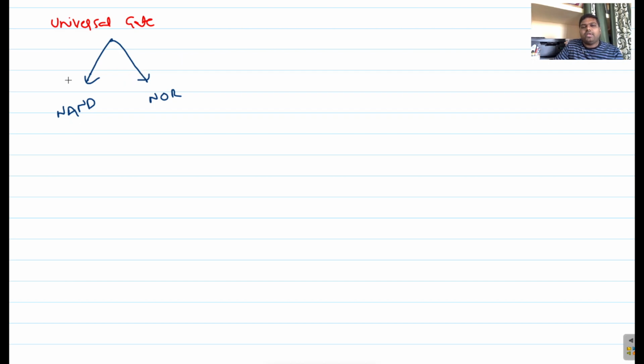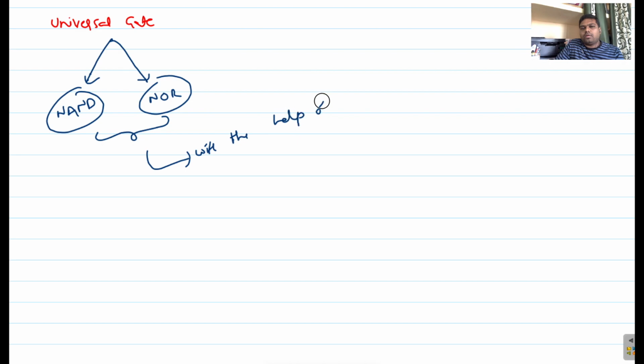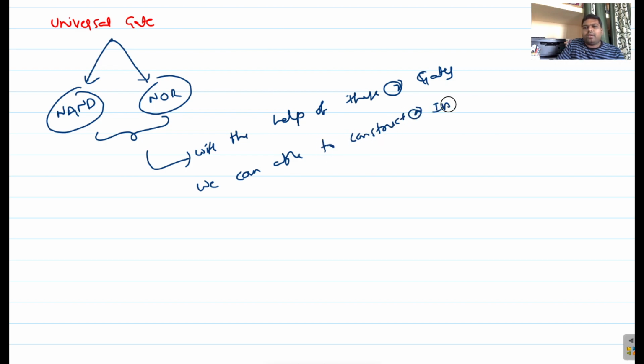That means with the help of these two gates, we are able to construct or implement any digital circuit.